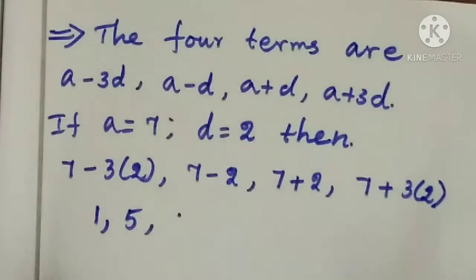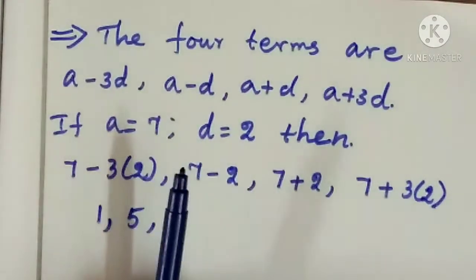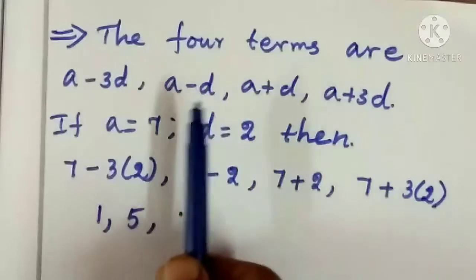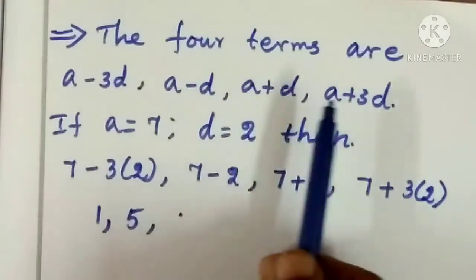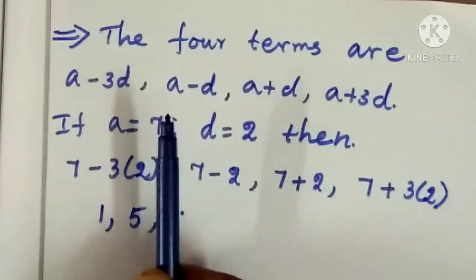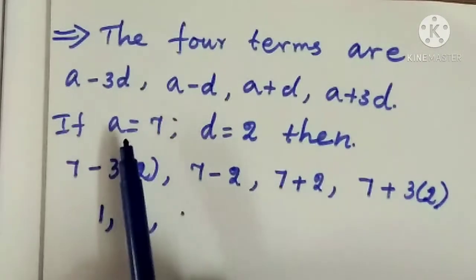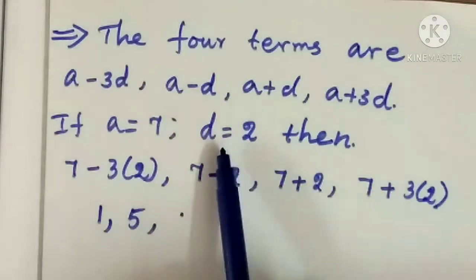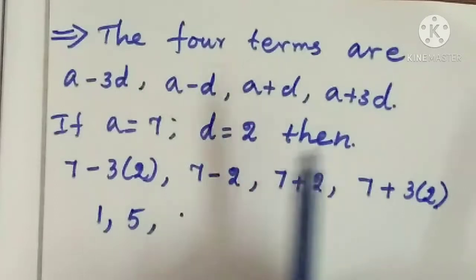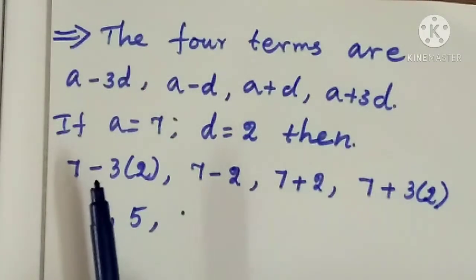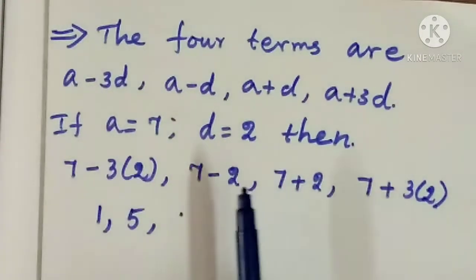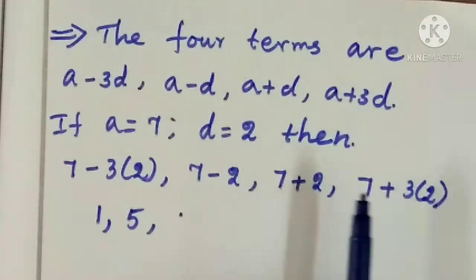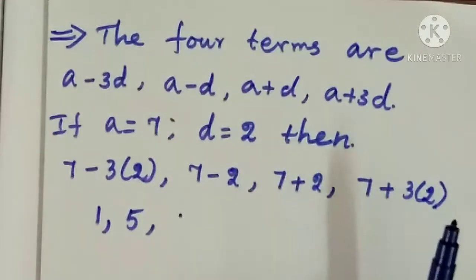Now, let us write the 4 terms. The 4 terms are a minus 3d, a minus d, a plus d, a plus 3d. Next, if a is equal to 7 and d is equal to 2, then the 4 terms are 7 minus 3 into 2, 7 minus 2, 7 plus 2, 7 plus 3 into 2.